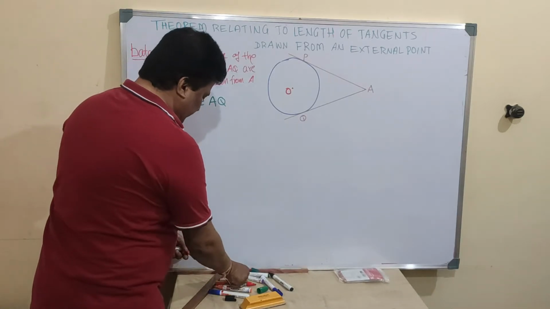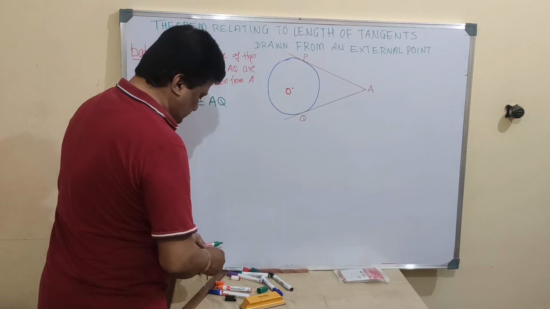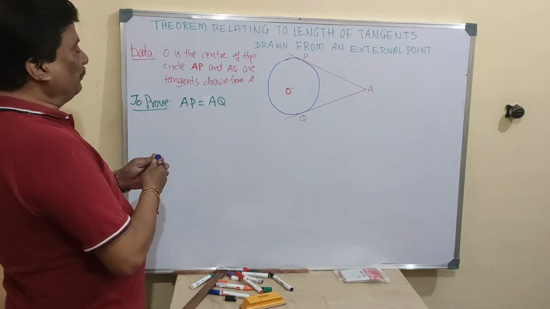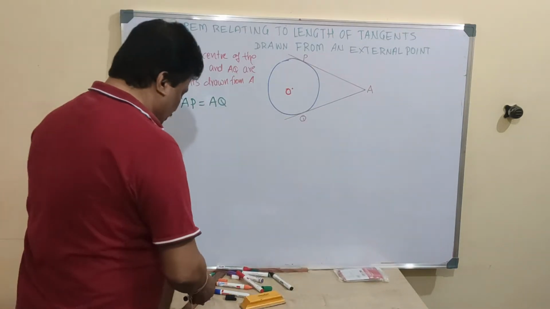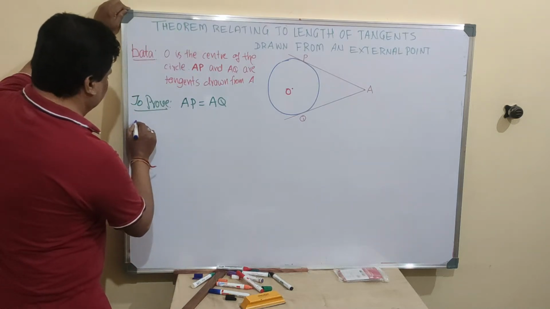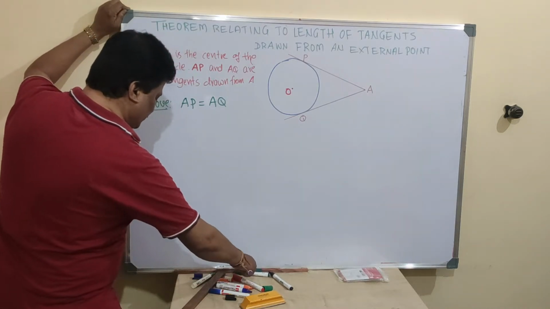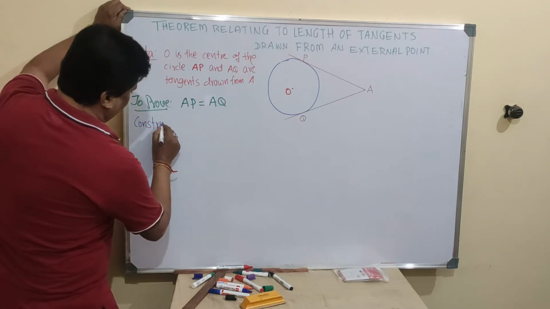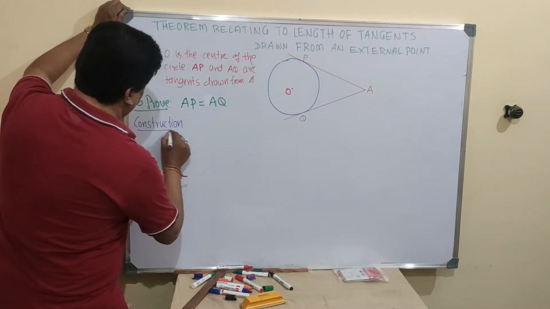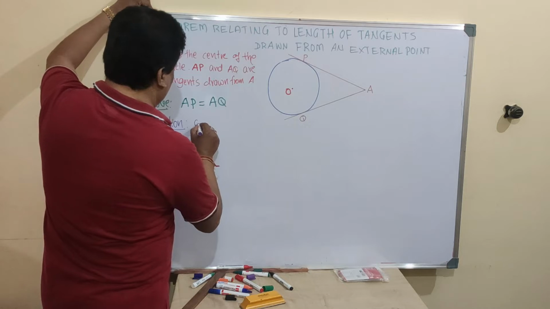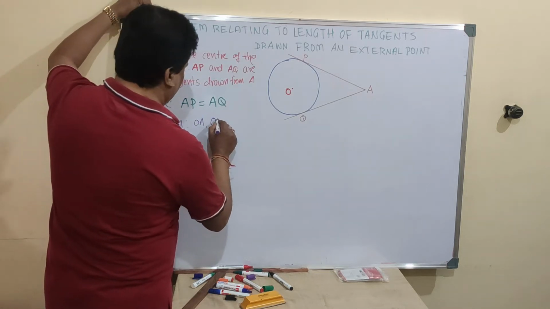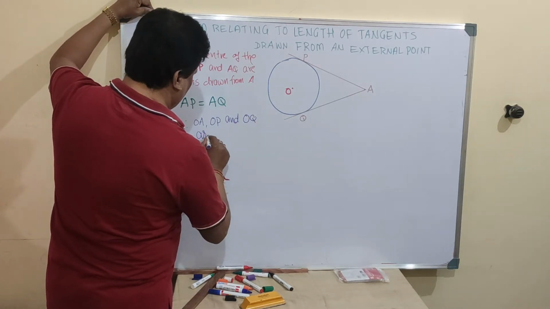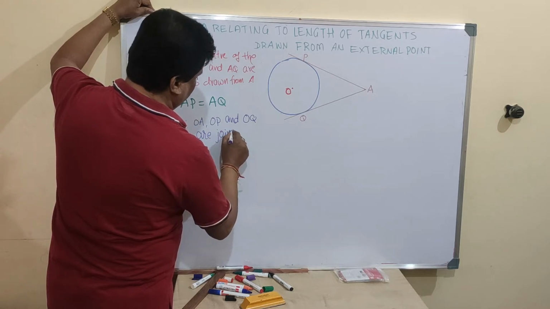In order to prove this, we want to make a small construction. The construction is that OA, OP and OQ are joined.